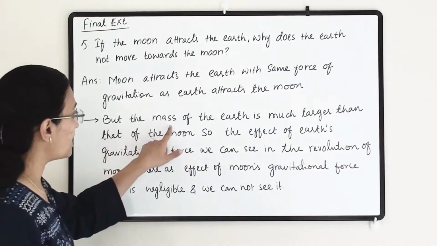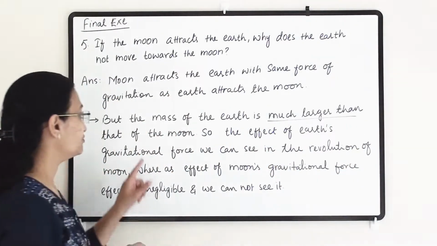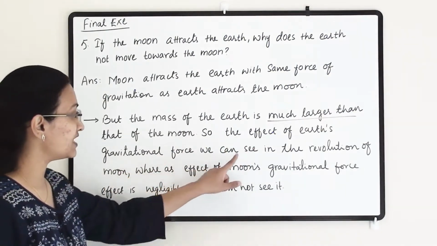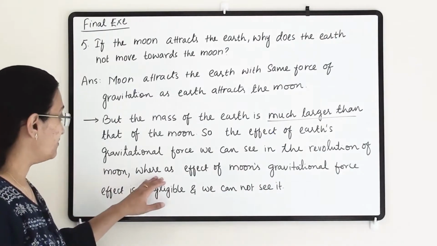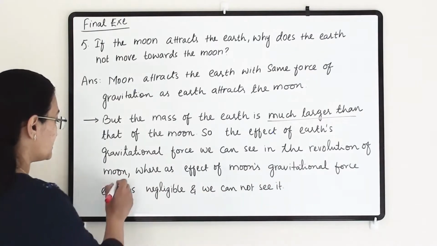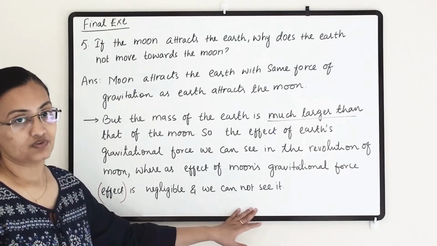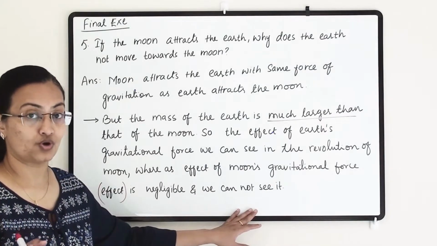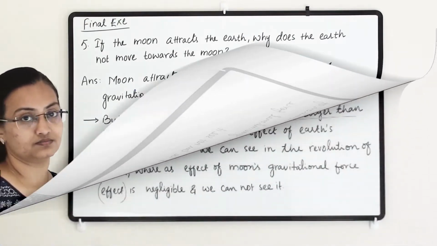The mass of the earth is much larger than that of the moon, so the effect of earth's gravitational force can be seen in the revolution of the moon around the earth, whereas the effect of the moon's gravitational force is negligible and we cannot see it. That doesn't mean the moon's gravitational force is not there. It is there, but it is negligible.